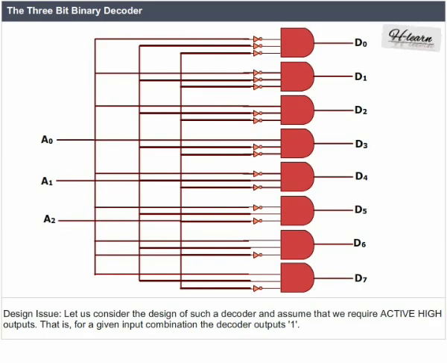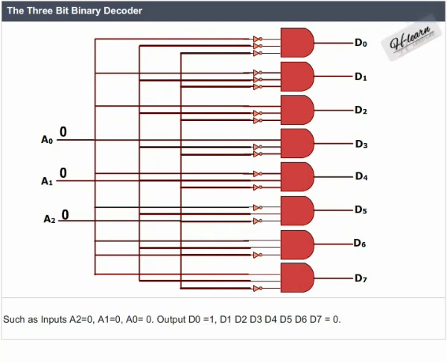Design issue. Let us consider the design of such a decoder and assume that we require active high outputs. That is, for a given input combination, the decoder outputs 1. Such as inputs A2 equals 0, A1 equals 0, A0 equals 0: output D0 equals 1, D1, D2, D3, D4, D5, D6, D7 equal 0.